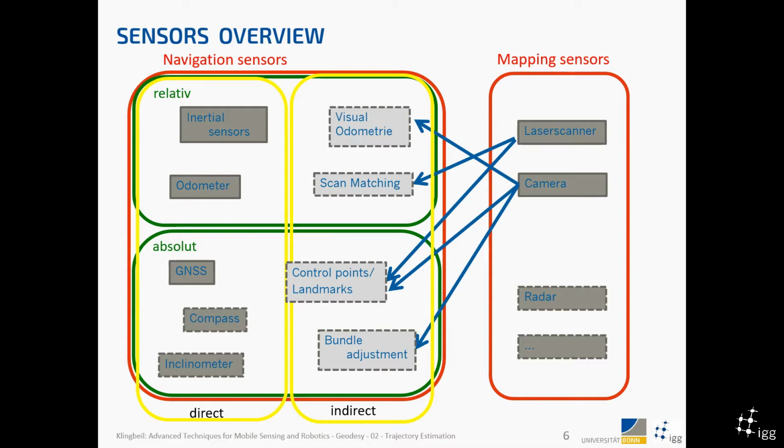We can use the mapping sensors also for generating trajectories, as is done, for example, in SLAM algorithms or other similar things where we use the actual observation sensors to generate information about the motion. But again, this is also something which we will not talk about today. We focus on the combination of inertial sensors and GNSS to generate high precision orientation and position information.